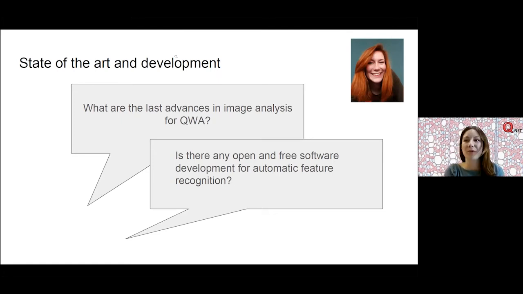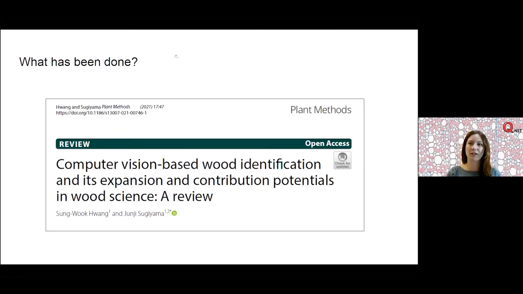Yes, so there were some very interesting questions about the latest advances in image analysis for quantitative wood anatomy, and also if there is any open or free software development for automatic feature recognition. I think that stating what's the state of the art, so what has been done by now, is very important. And just one month ago, a very nice review came out about this.